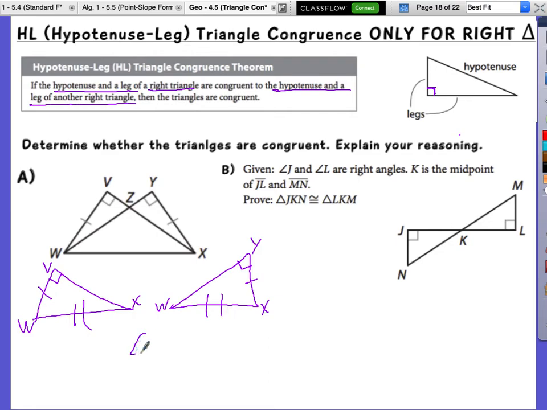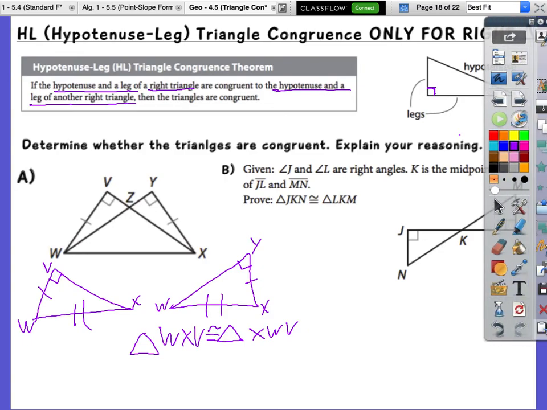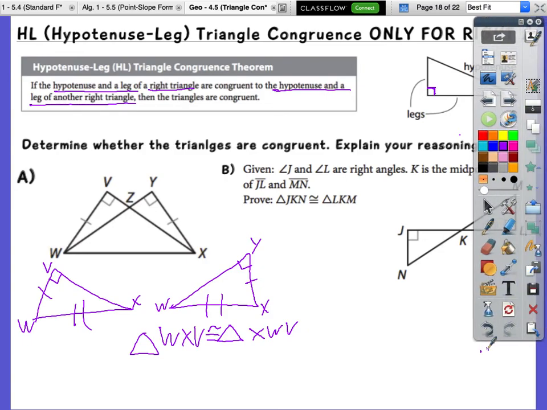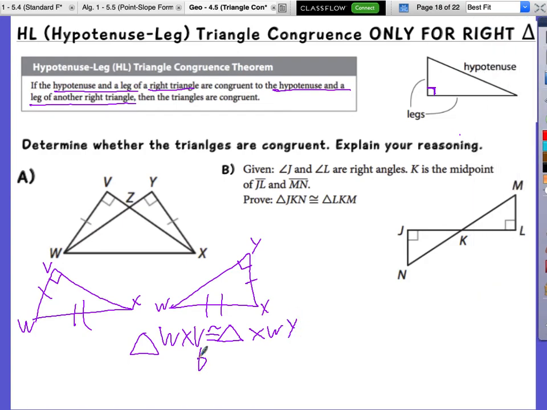So we can say triangle WXV is congruent to triangle XWY, excuse me, by, what did we use? HL.